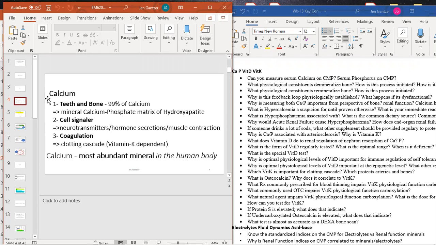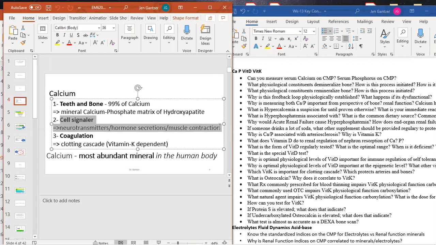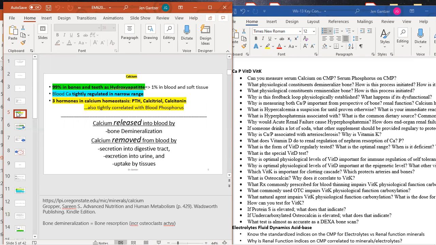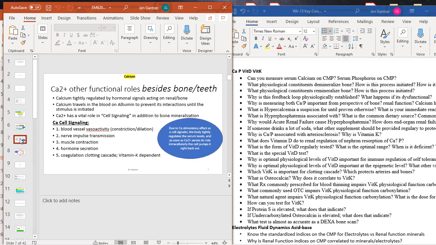In addition, calcium has its own other functions. It's a very important cell signaler, and this is why hypercalcemia levels can become a problem, because it can irritate some of the second messenger mechanisms and cause symptoms. And phosphate also has its own cell signaling.